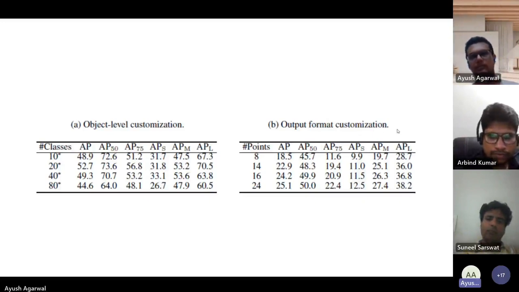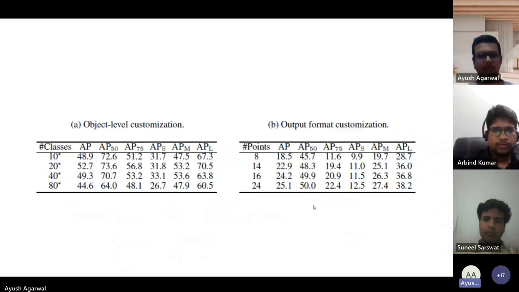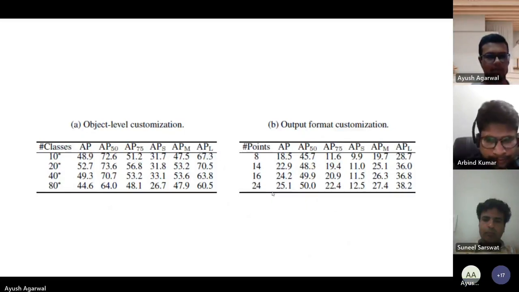This corresponds to the instance segmentation task, varying the points from 8 to 24. This also does not give very bad results. Of course there would be changes when we change the number of points, but this does perform.